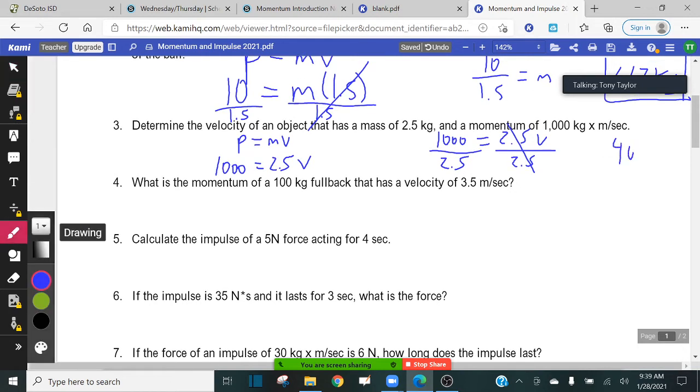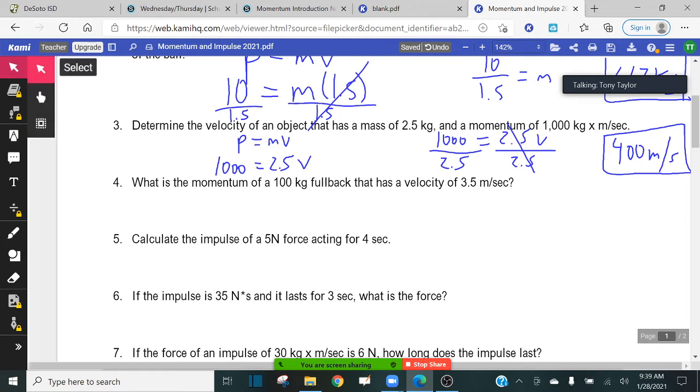If you put 1,000 divided by 2.5 in your calculator, you get 400 meters per second for the magnitude of your velocity. Again, guys, these are the easy problems. I'm starting out with the easier problems first before we get to the ones that are slightly harder. Super easy. So hopefully everyone got that.